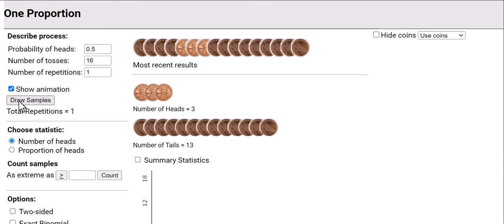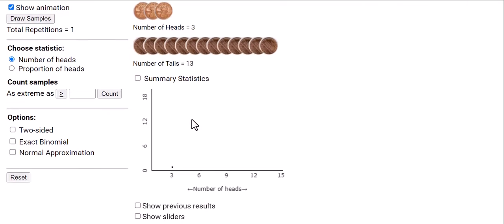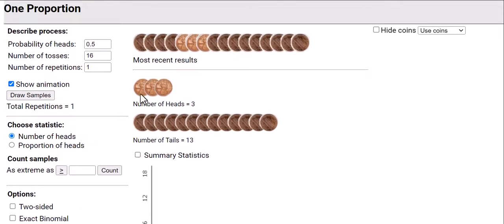So this is essentially what you did in doing your own coin flip. And so for this particular coin flip, the number of heads was 3 and the number of tails was 13. And notice that it gave me a dot for the number of heads. It's only keeping track of the number of heads. So 3.